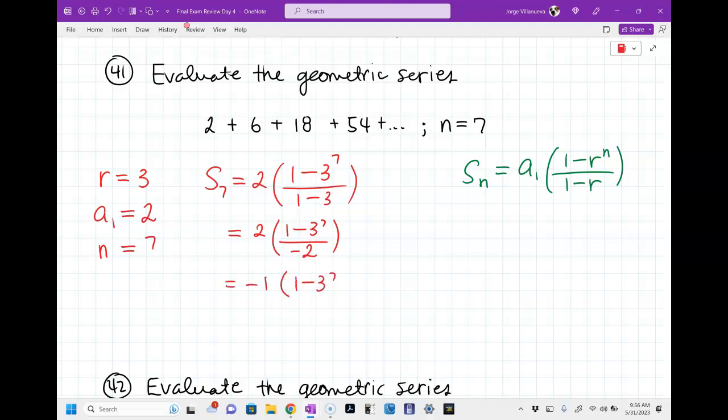Then 1 minus 3 to the 7th power, with a negative in front of it, will be 2,186. That's the sum of the first 7 terms.